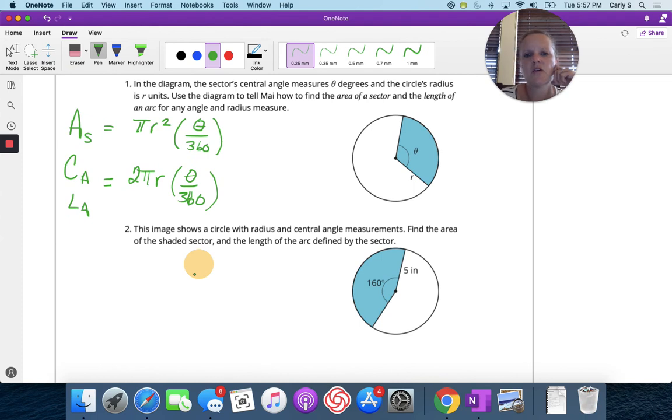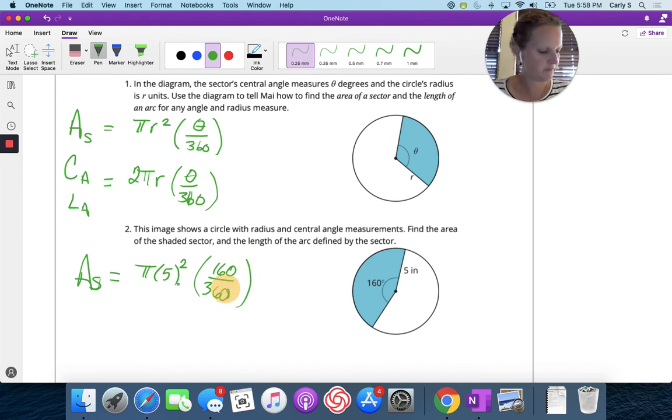This image shows a circle with a radius and central angle measurements. Find the area of the shaded sector and the length of the arc defined by the sector. So the area of the sector is going to be pi r squared times 160 over 360. So I got 11.1 pi units squared.